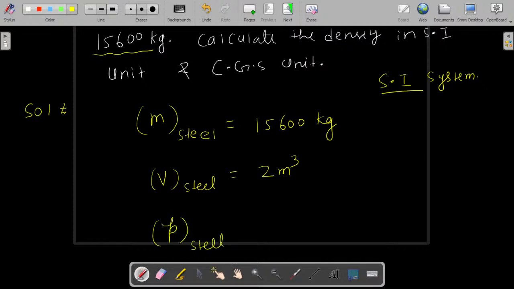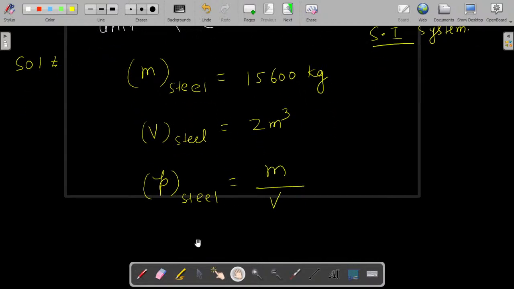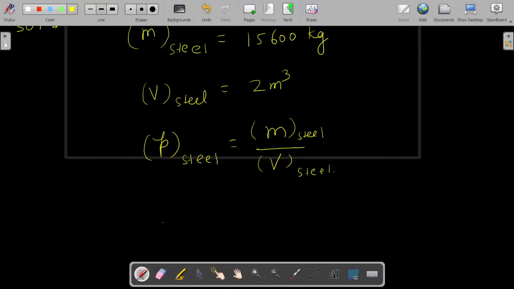So density is equal to mass upon volume. Mass of steel, volume of steel. So density of steel is how much? Mass is this and volume is this.